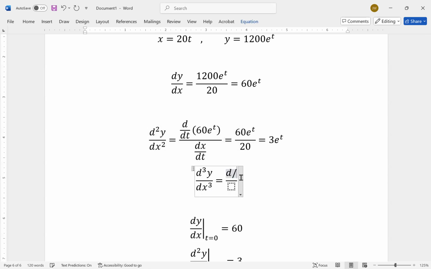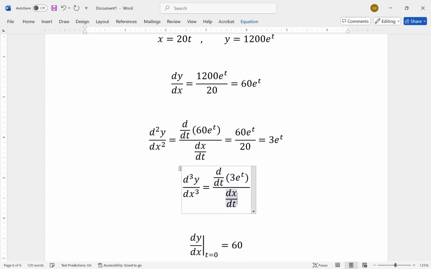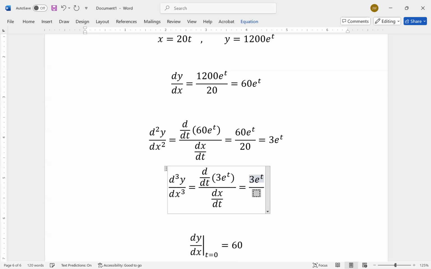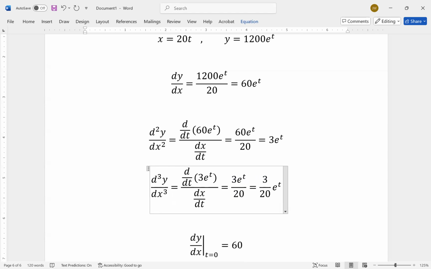So derivative with respect to t of 3e to the t power, and then divide that by dx dt. So that would be 3e to the t power divided by 20, or if you want to rewrite that, 3/20 times e to the t power. So there's my first, second, third derivative.